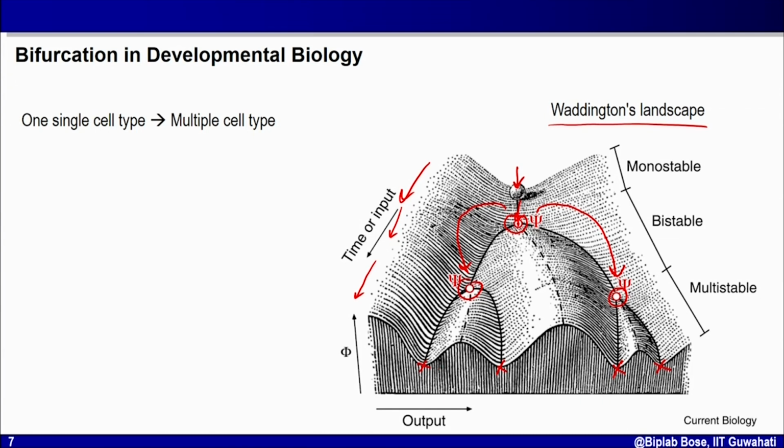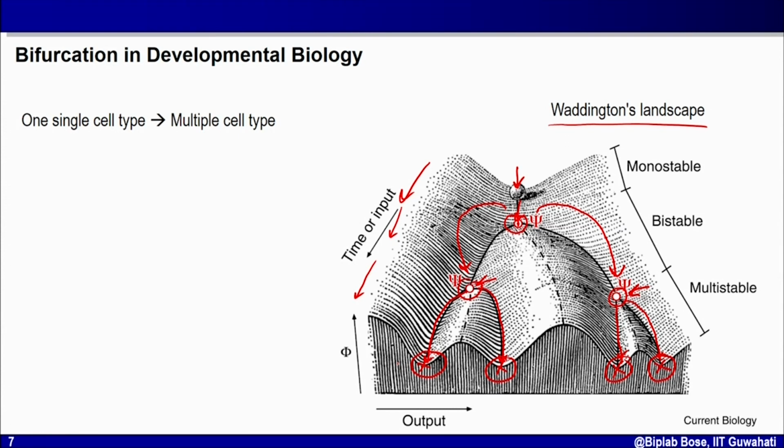The cells which are in this particular steady state will now either move towards this one or this one, based on their initial conditions. And cells present in the other steady state will either move to this steady state or this steady state. Each of these steady states, suppose, represents one particular type of cell.